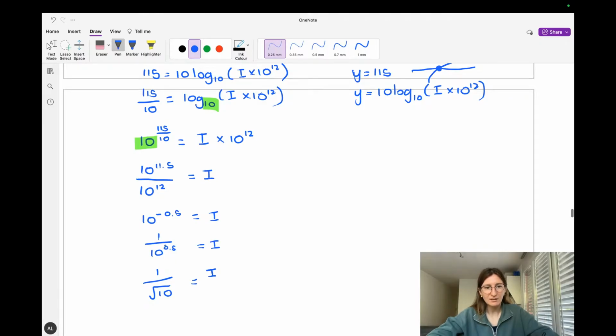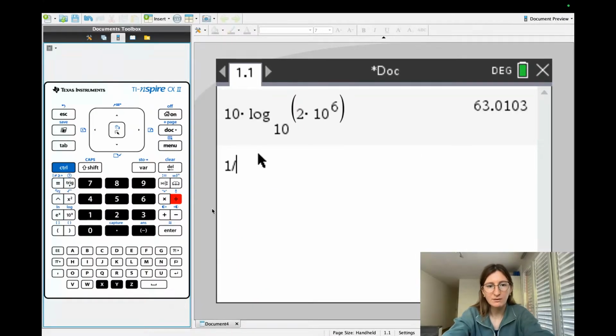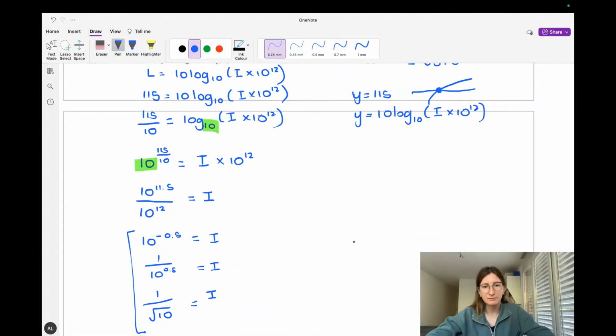All of this was just exponential law practice, but don't worry, you can just put this straight on a calculator and you'll get 1 over root 10, or you can get it in its exact form. What is 1 divided by root 10? 0.316. So I equals 0.316. And again, you can go straight from that to figure that out.